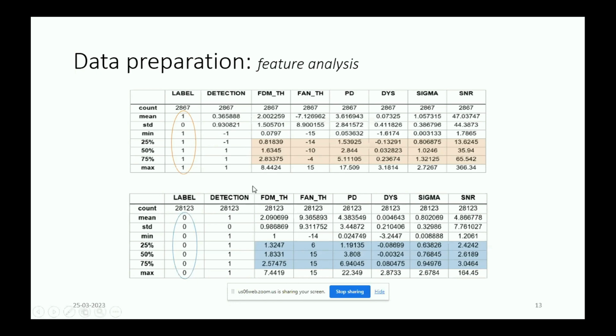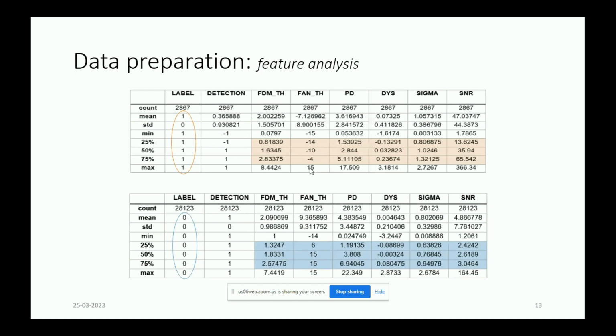And if you see this fan threshold, it is on the negative side for the target and always on the positive side for the clutter. This we have converted into some sort of probability by normalizing this factor. As you can see, other features also show this.